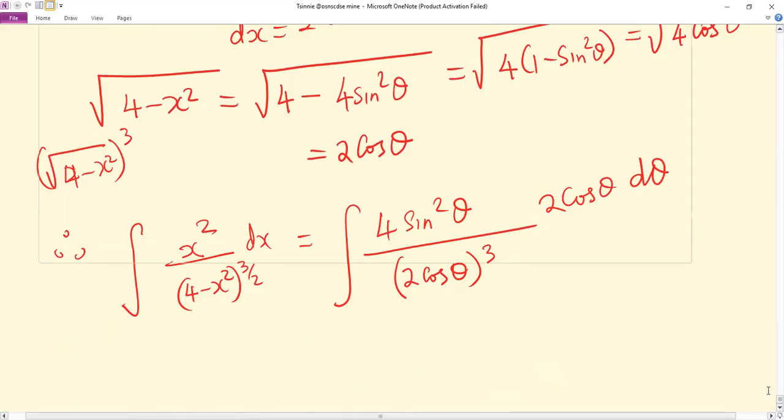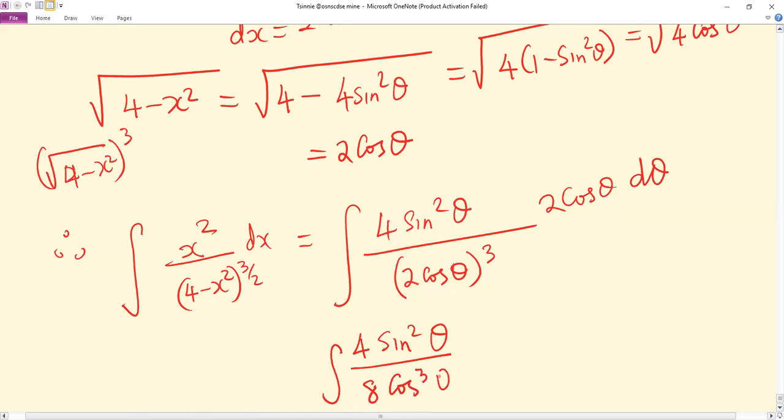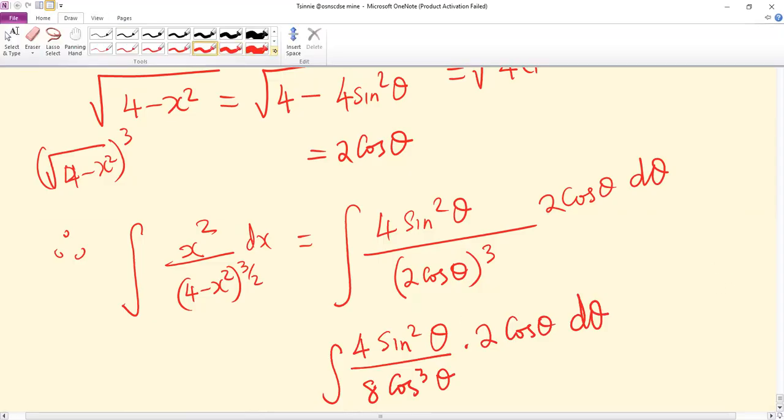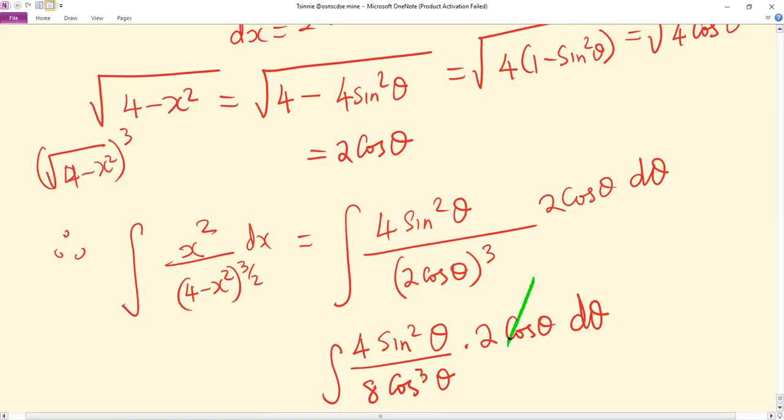Now, when you simplify this, we have the integral of 4 sine squared theta over 8, that is 2 raised to the power 3, cos cubed theta, times 2 cos theta d theta. And you see in this integral, when you simplify, cos theta will cancel, and 2 over 8 will be 1 over 4.